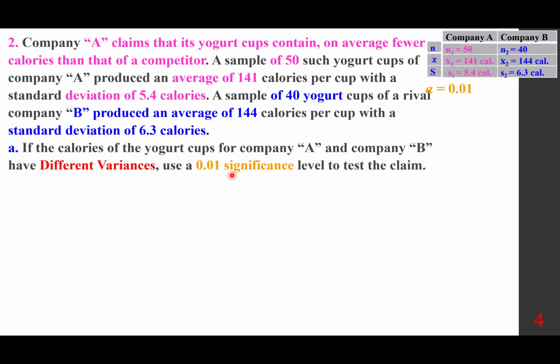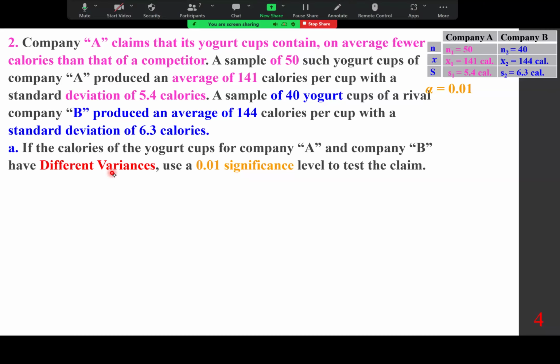Now, this tells you what formula to use for the test statistic. There are two different formulas, whether you assume different variances or equal variances. And if it's not mentioned, you have to assume different variances. So H0: mu1 equals mu2. Remember, with H0, the null hypothesis is always equality.